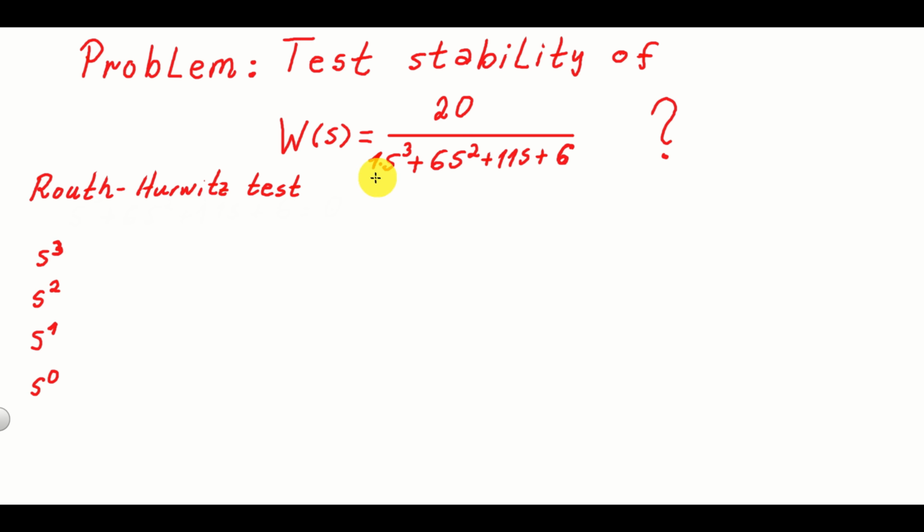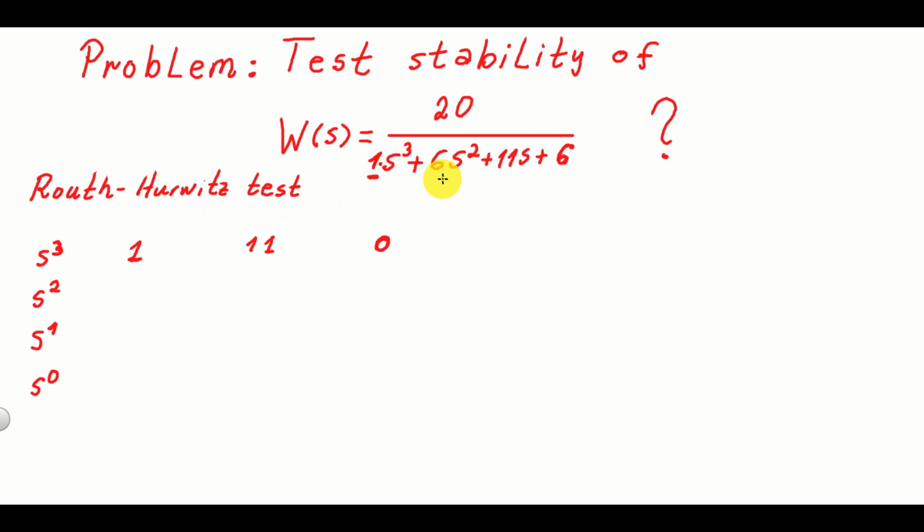The first row of this table consists of this coefficient, then we skip this coefficient, and then we add this coefficient. So it's 1, 11, and over here we have 0, consequently we will add a 0 over here.